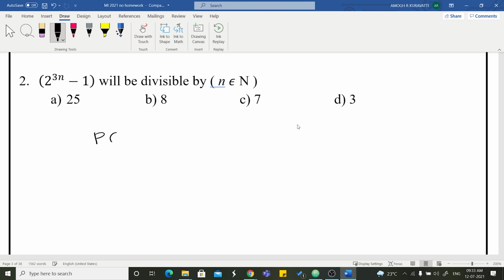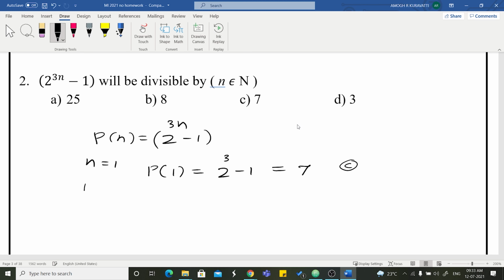Let P of n is equal to 2 power 3n minus 1. Take n is equal to 1. Cross check. P of 1 is equal to 2 power 3 minus 1. So that is 2 power 3, 8. 8 minus 1 is 7. 7 is divisible by which number? 7 itself, that is option C.